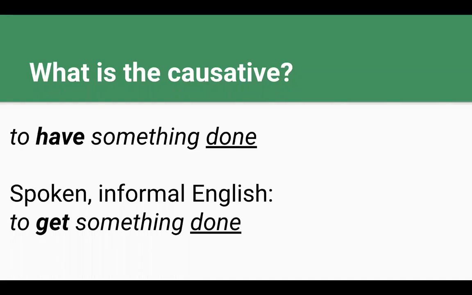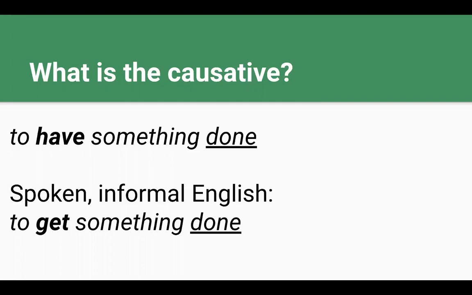Because normally we go to the hairdressers and we have our hair cut there. It's not correct to say I cut my hair, or in the past I cut my hair, because normally to get a new hairstyle, someone else does it for us. So the correct way is I have my hair cut, or in the past I had my hair cut.